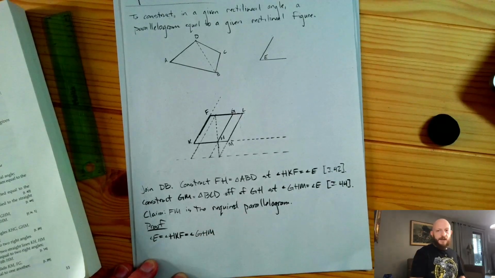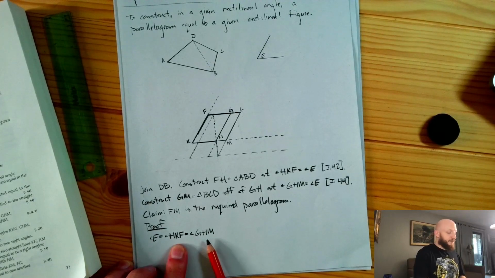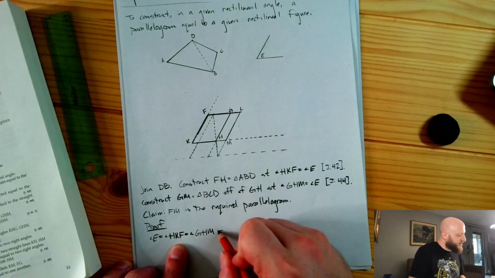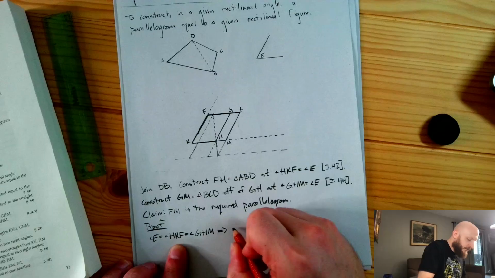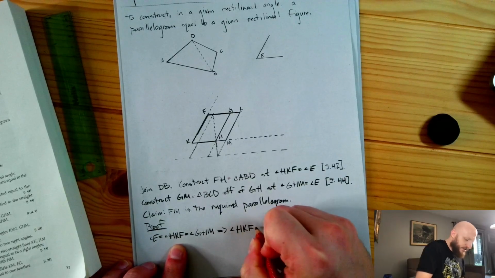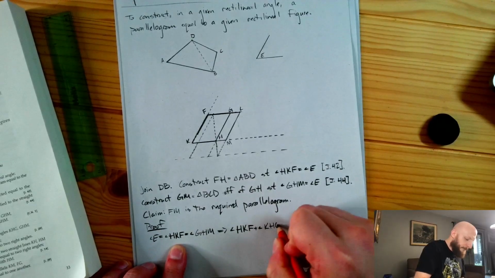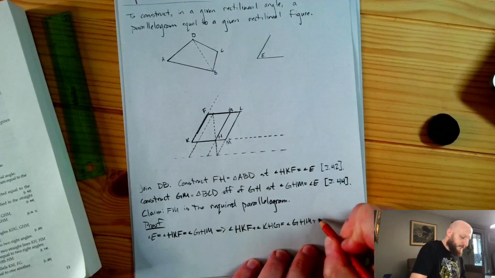So, of course, by common notion 1, HKF is equal to GHM. So what does he say next? He says, let KHG be added to each. Well, then that means that angle HKF plus angle KHG equals angle GHM plus angle KHG.